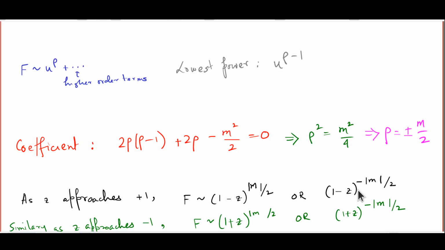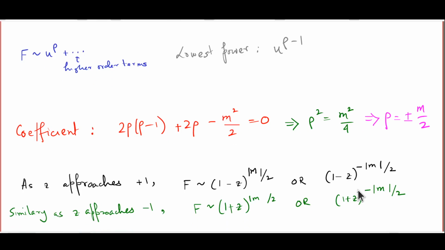Now, similarly, as z approaches minus 1, you could carry out the same calculation, replacing 1 plus z by a new variable and carrying the calculation through. What you will see is f, the function, will behave like 1 plus z to the power mod m by 2, which is the well-behaved solution, or 1 plus z to the power minus mod m by 2.